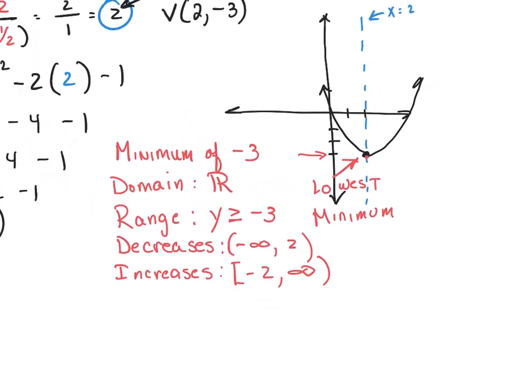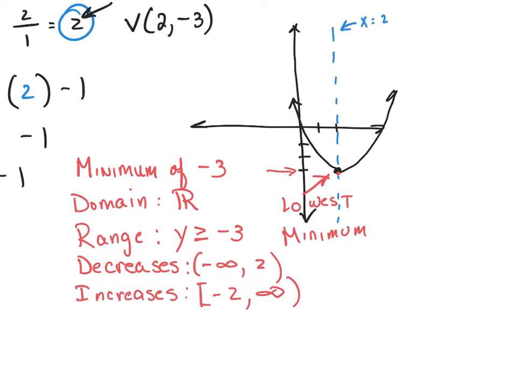Now, our book gives a little bit different notation for increasing and decreasing. In fact, they're trying to make it a little bit simpler, so they just say, hey, it's decreasing left of x equals 2 and increasing to the right of x equals 2. Just know that when x is 2, it switches from decreasing, coming down.